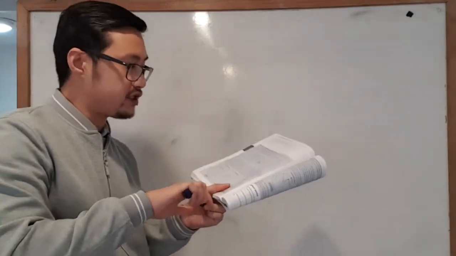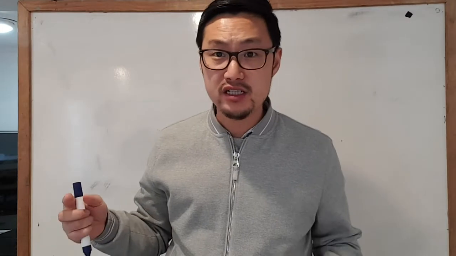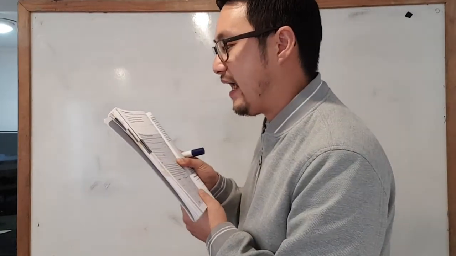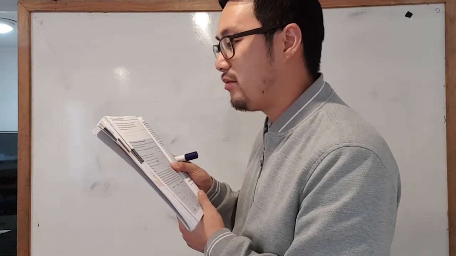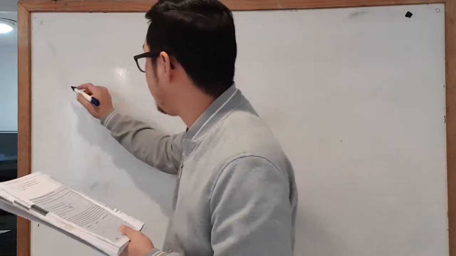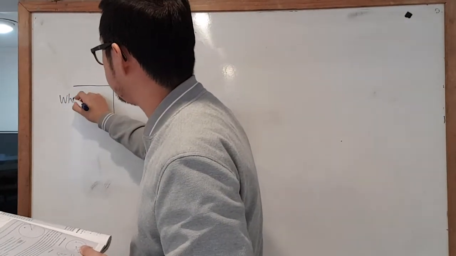With this type of question, normally we need to draw a diagram, because this is a real life situation and we want to know what's happening. Say at a high tide, the deck of a boat is 1.0 meter above a wharf. First I'm going to draw a wharf.